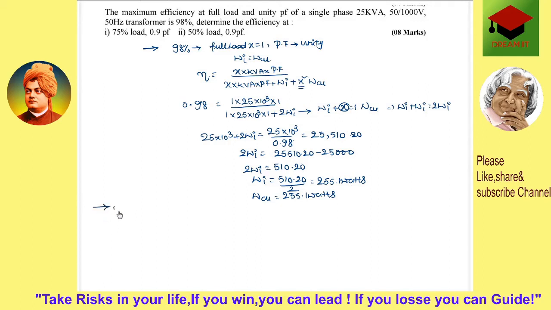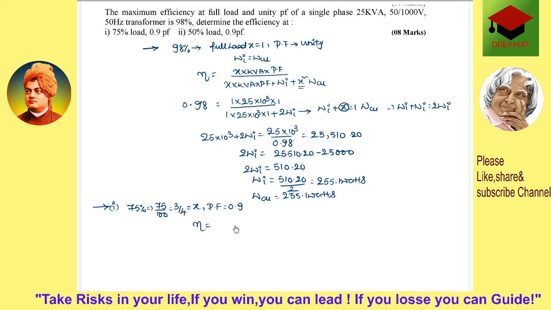The first question is what is the efficiency at 75 percentage. 75 percentage means you can write as 75 by 100, that is 3 by 4, that is x, and power factor is given as 0.9. At that you have to calculate the efficiency.